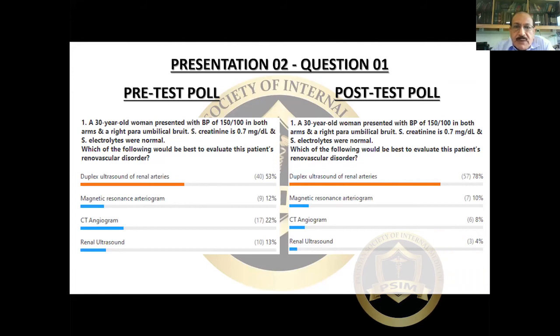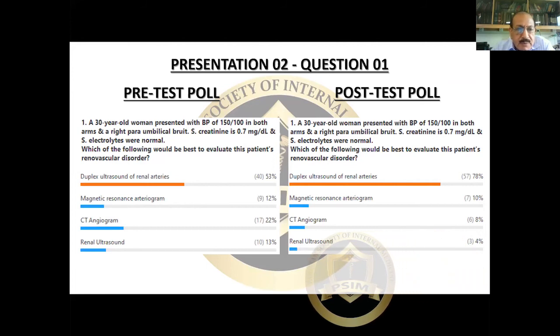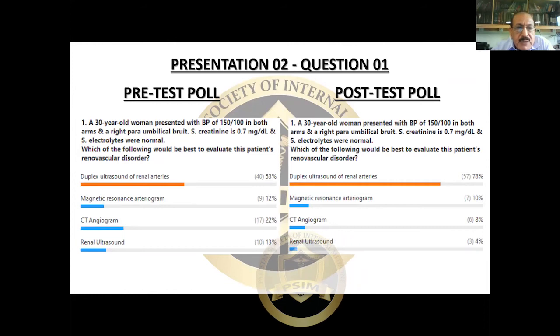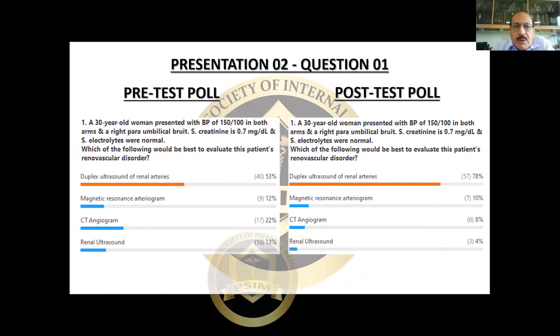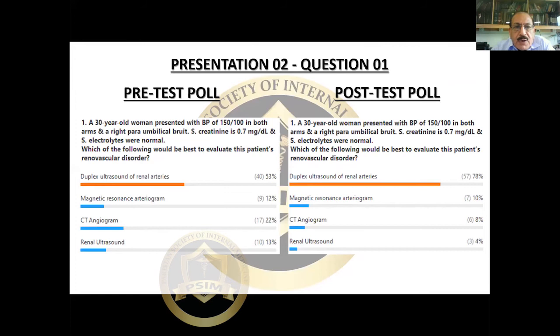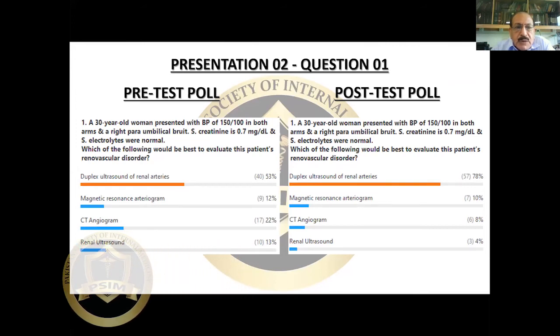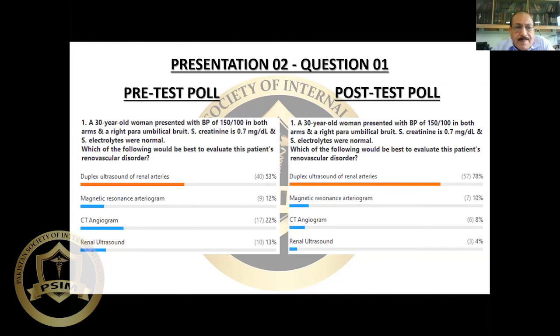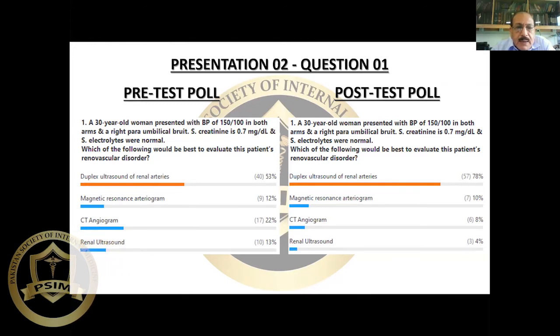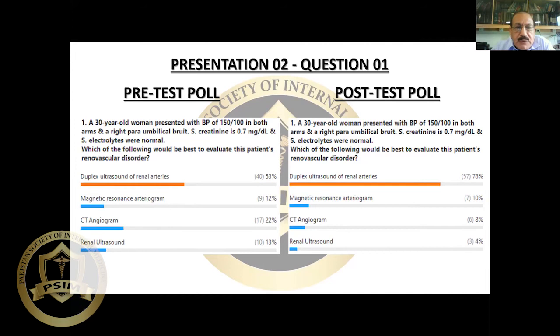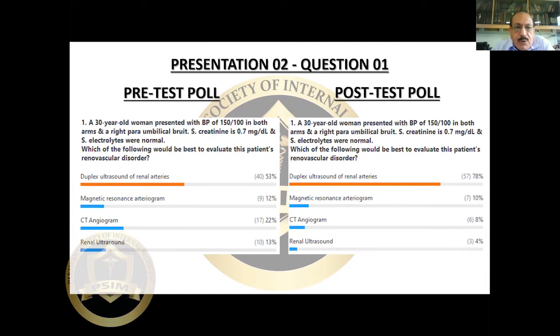Of course, it is debatable to some extent, but CT angiogram is perhaps the gold standard, because sometimes the duplex Doppler can be deceptive. But CT angio is almost like a gold standard.